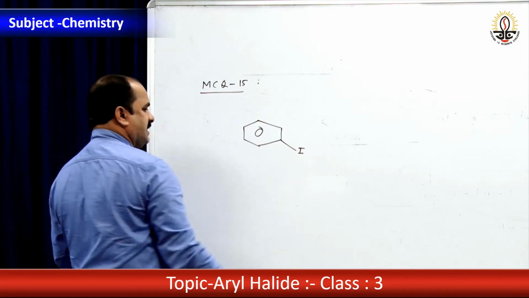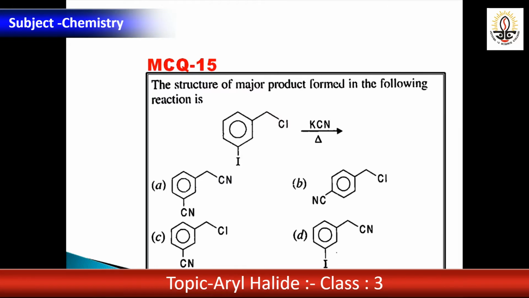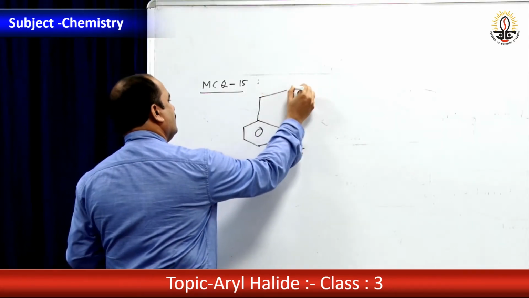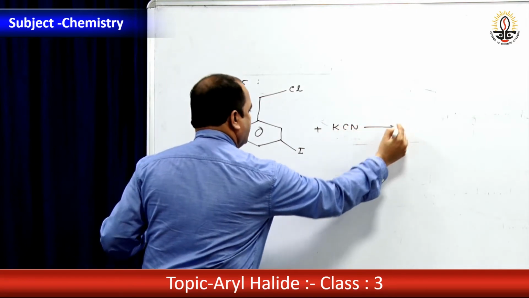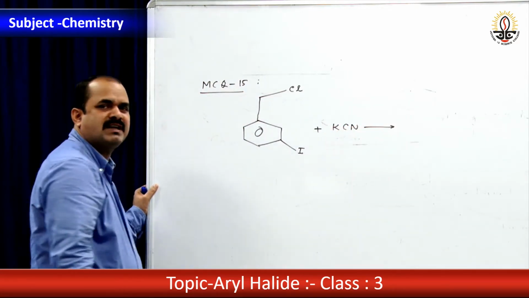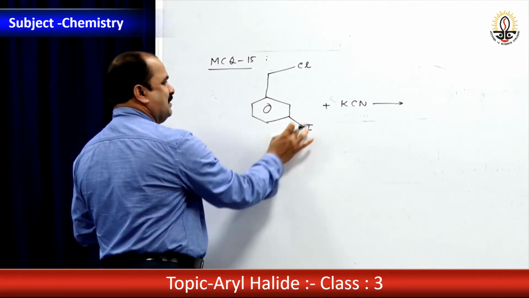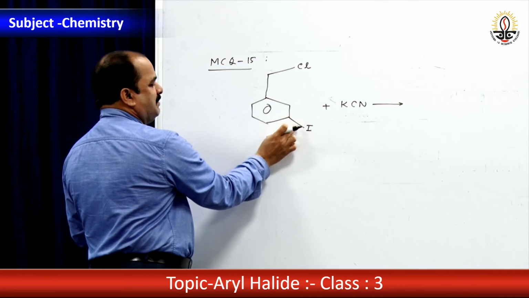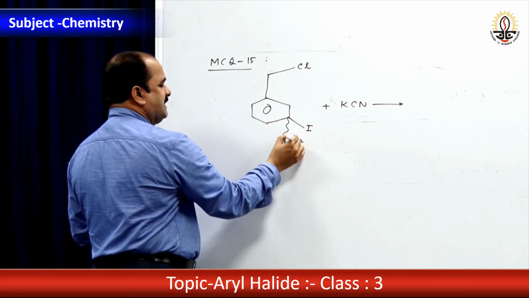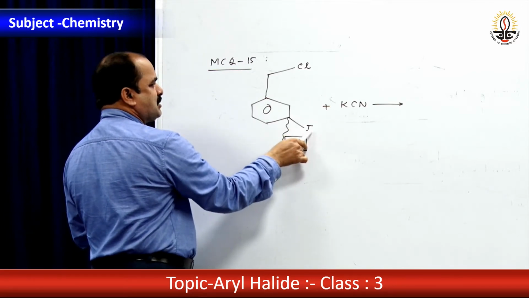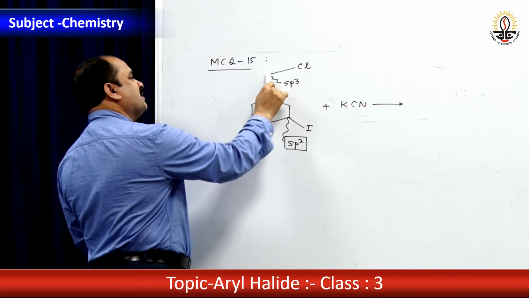Here iodine is there, and also chlorine is there, plus KCN. This reaction follows substitution. The question is whether iodine will be eliminated or chlorine will be eliminated. Iodine will not be eliminated because this carbon is sp2 hybridized, and here the carbon-iodine bond is very strong. Here the carbon is sp3 hybridized, and the carbon-chlorine bond is weak.